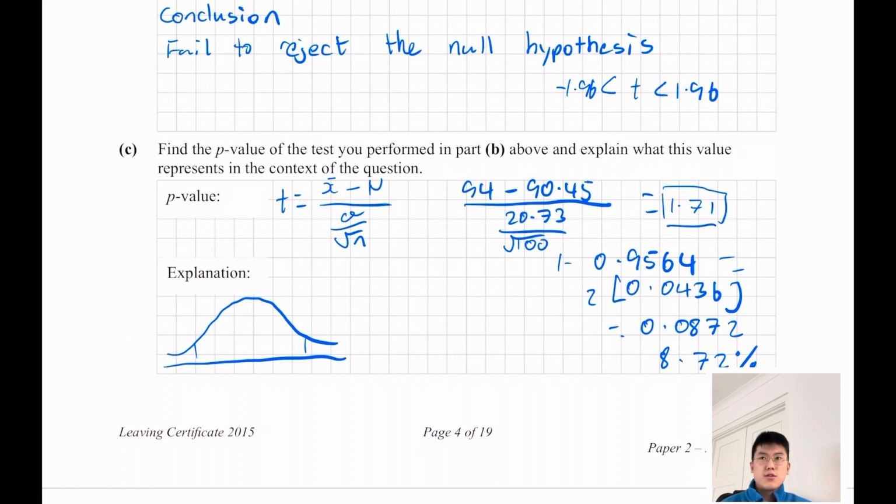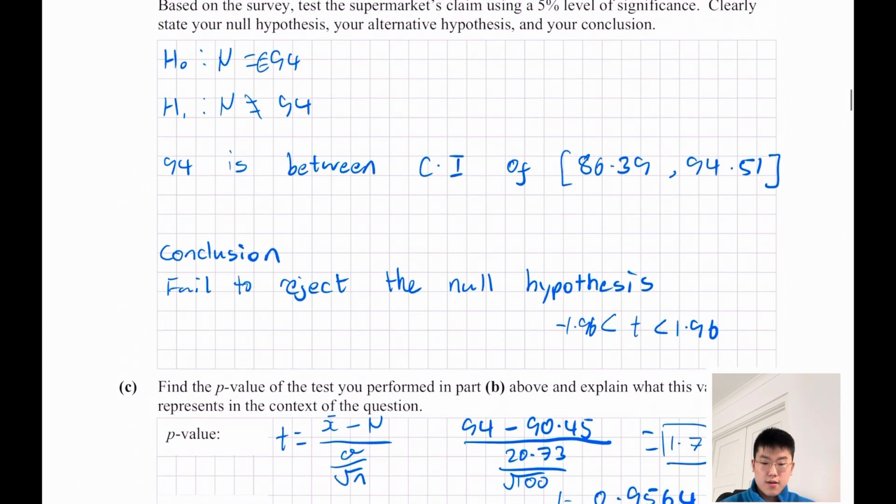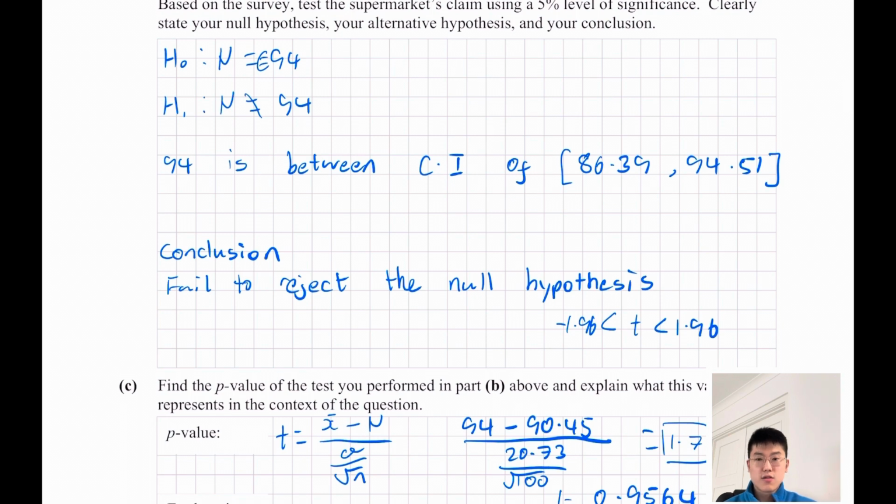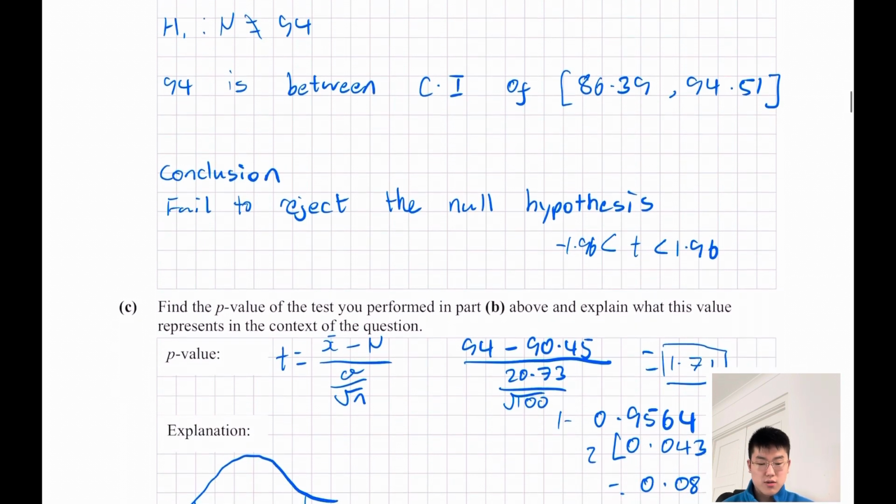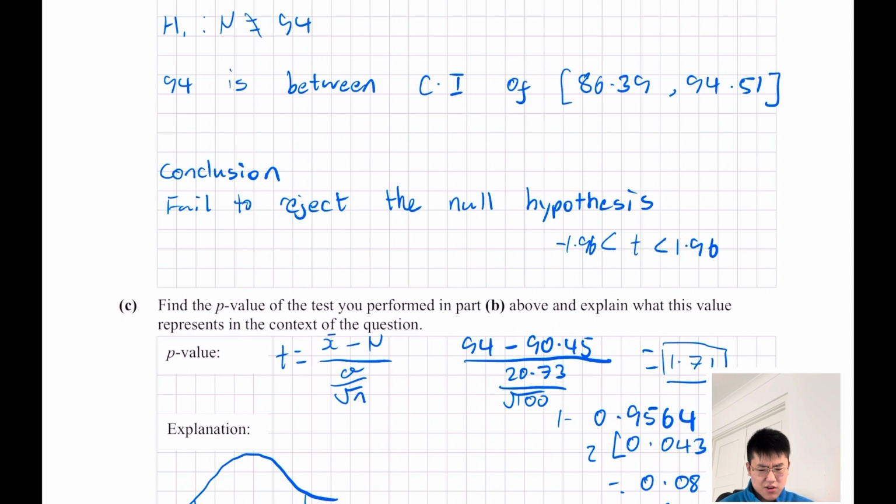Now, what exactly is our p-value? Our p-value is the probability of more extreme values occurring if we fail to reject the null hypothesis. In other words, there's an 8.72% chance of an extreme value occurring if we state that the mean value of shopper spending is 94 euros. So that's all you really need to write down.